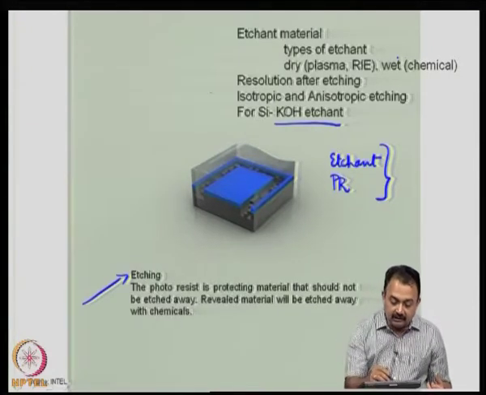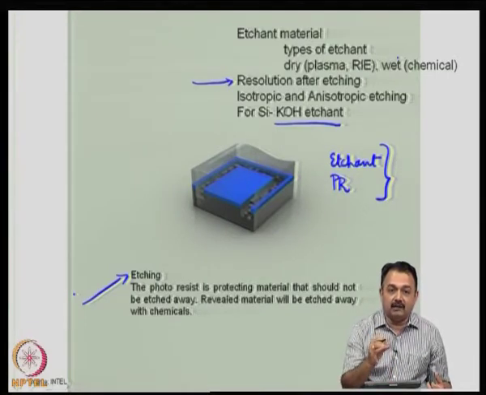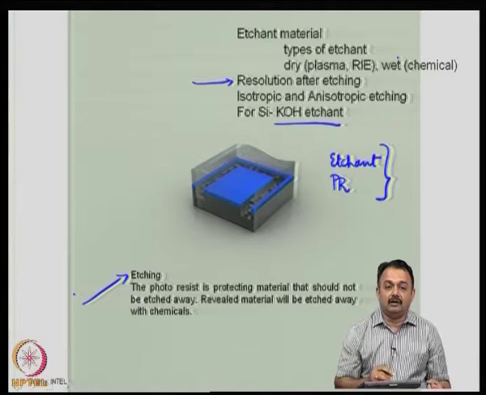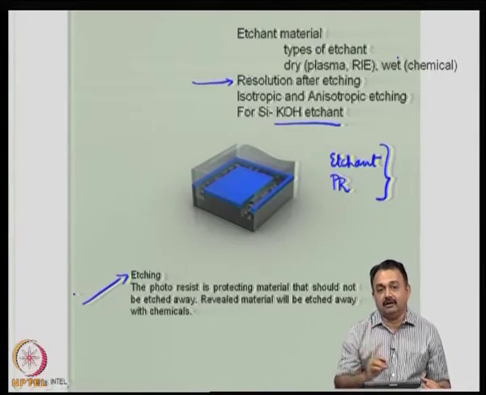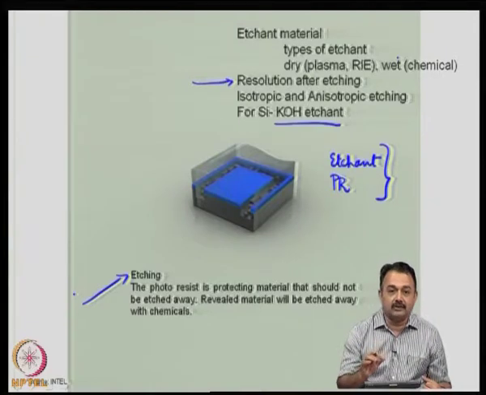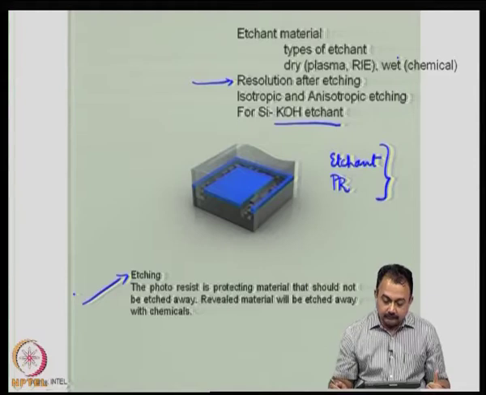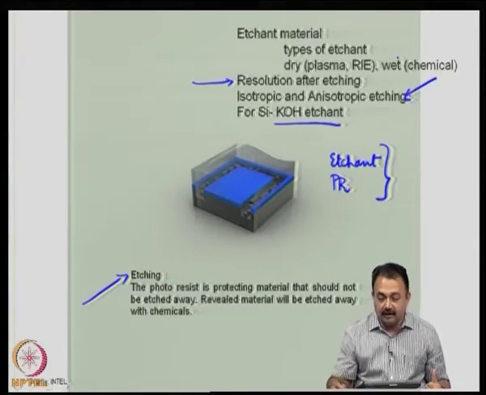Now, the resolution after etching is what is more critical, and you have to spend a lot of time examining the trace widths that you have generated after etching, and this should be equivalent to your design implementation plus or minus certain tolerances. So, at every stage of the process, there are certain tolerance values that you can give and then qualify the wafer.